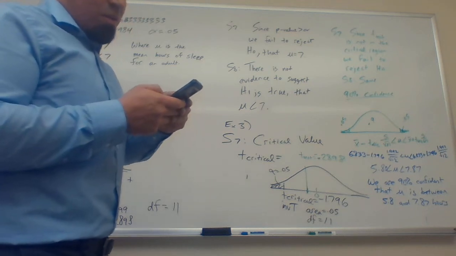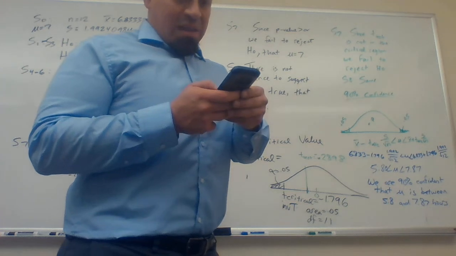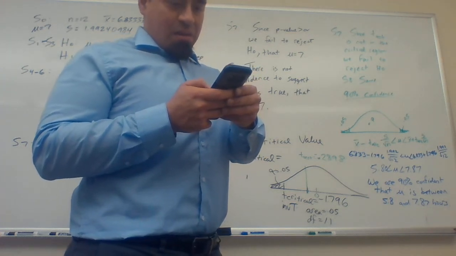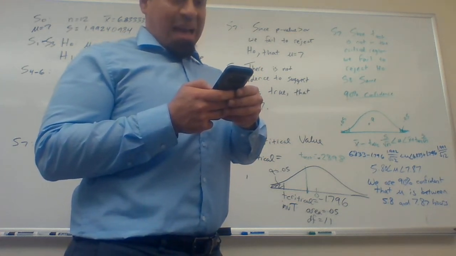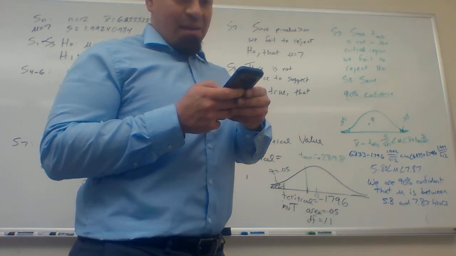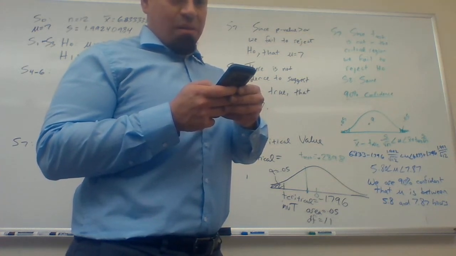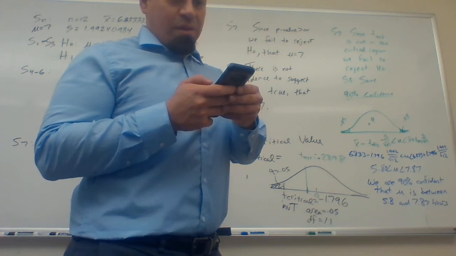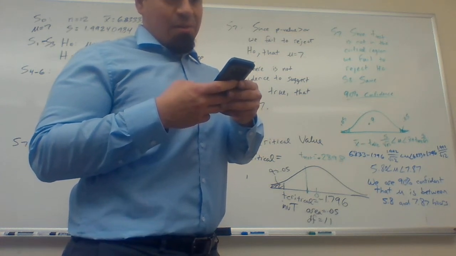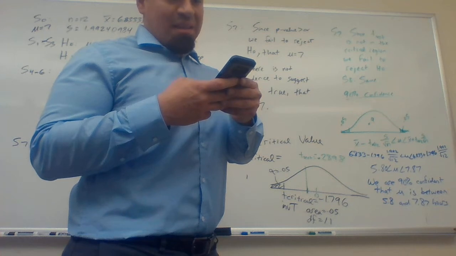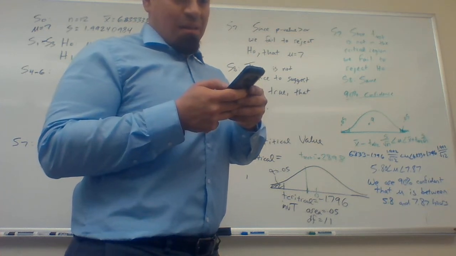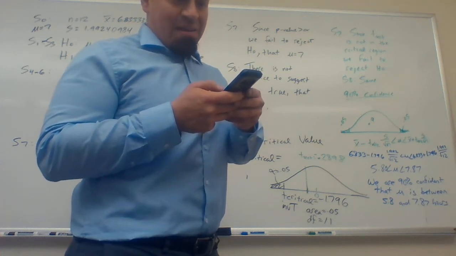So you go to stat, right arrow to test, and we're not doing a one proportion, we're doing a t-test, which is number 2 on the stat test menu, a t-test, and we have data.